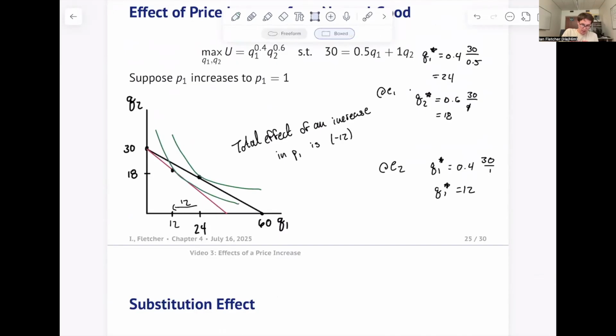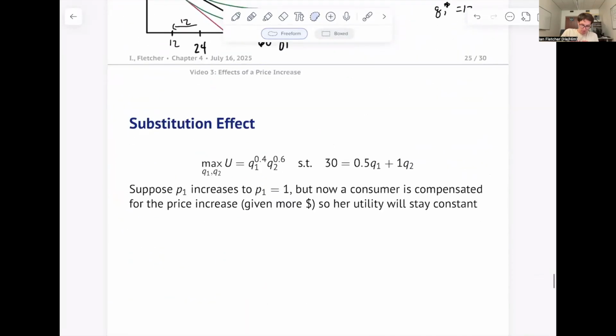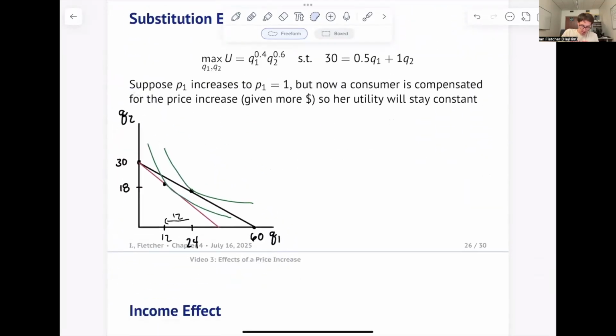So let's copy this and paste this back down here. Now we're given a little bit extra. This budget line should stay the same. So now we've shifted this from our hypothetical budget line 1 to our hypothetical budget line 2.